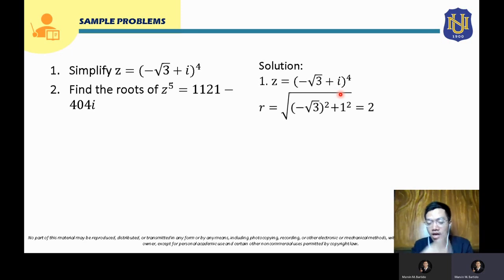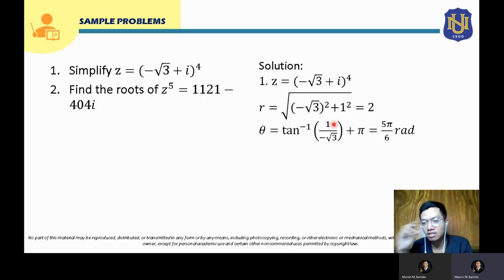So for solving the argument in the second quadrant, that's just arctangent of y over x, your y is 1 over your x, which is negative square root of 3, plus pi, right? That's how you solve arguments of complex numbers located in the second quadrant. And that will give you 5 pi over 6 radians. So this will be the r and theta.